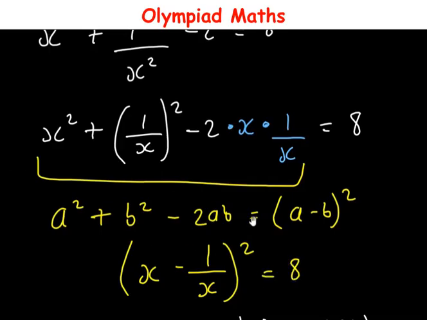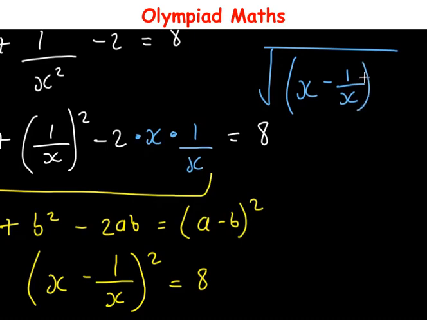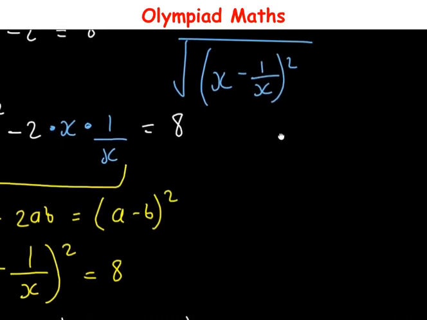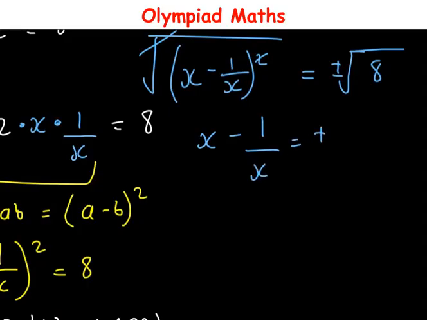So we are going to remove the square from this, and simply to do so, square root the equation. This becomes the square root of, in bracket, x minus 1 over x all squared, which is then equal to the square root of plus or minus 8. From this, square cancels square root, we have x minus 1 over x equals plus or minus 8, which can be written as square root of 4 times 2.